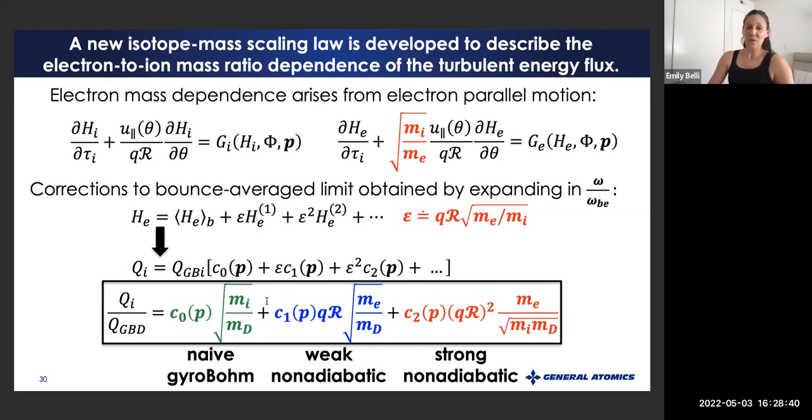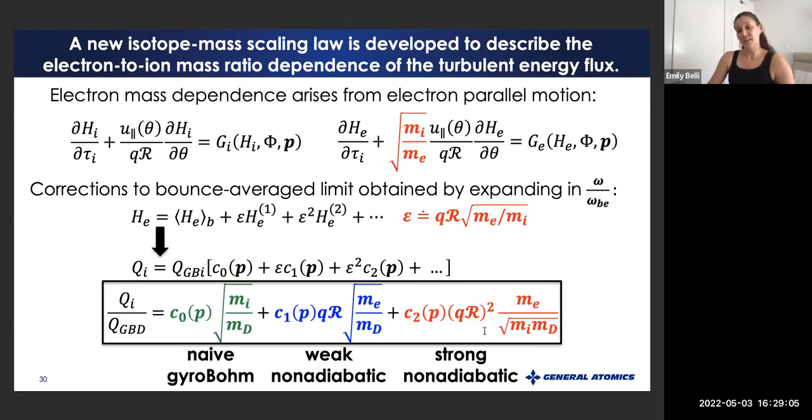The second term is what we will call the weak non-adiabatic term, and note that it scales with the electron mass, but is independent of the ion mass. So it can increase the flux by a constant amount that does not depend on M_i. This means that while it breaks naive gyroBohm mass scaling, it cannot produce a reversal. The last term is what we will call the strong non-adiabatic term, and it scales as the inverse square root of the ion mass.